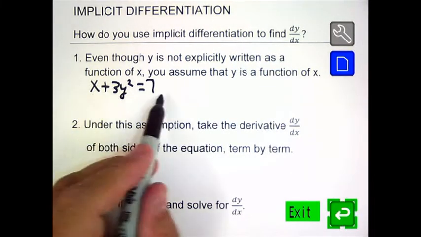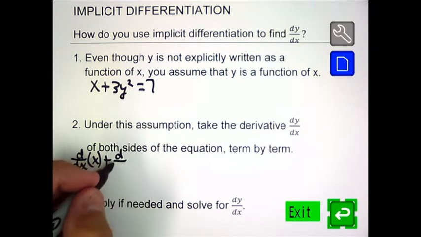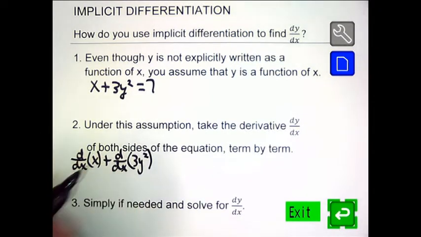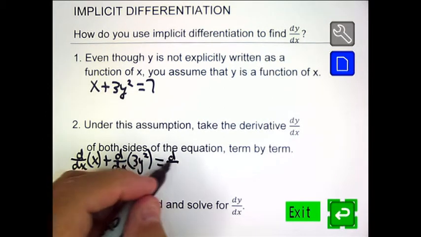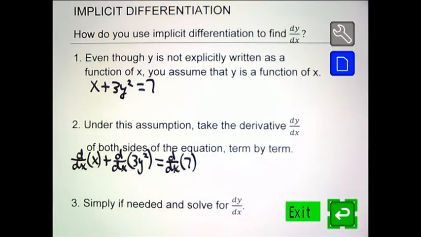So for this particular equation, just to continue the example, if I take the derivative of both sides, I'm going to take the derivative of the first term, I'll take the derivative of the second term, and I'll take the derivative of the one term on the other side.